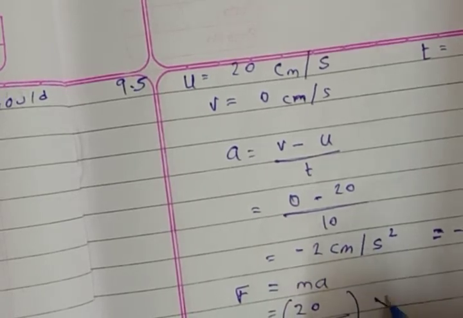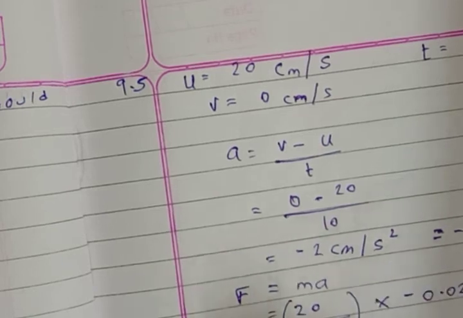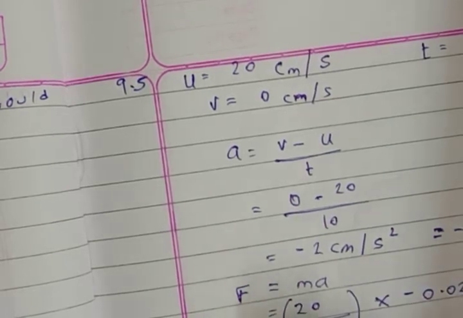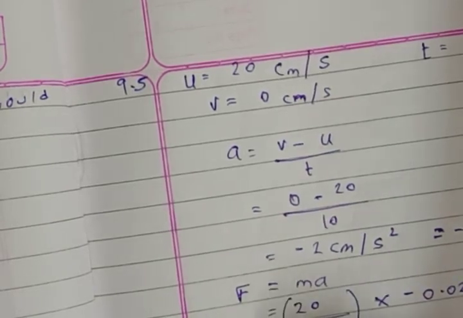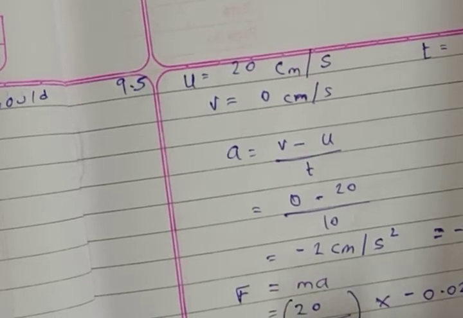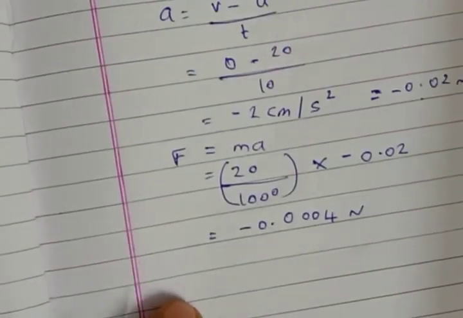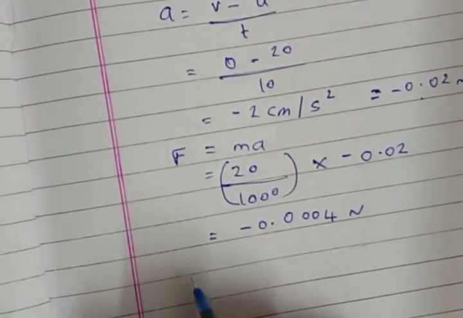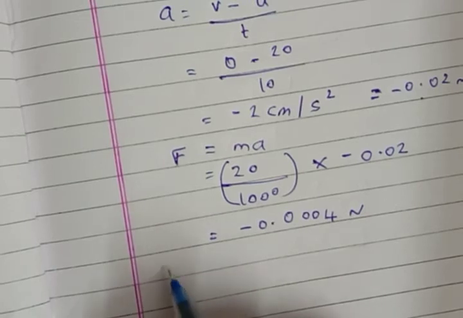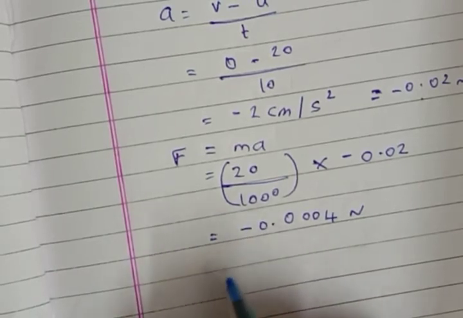This will be in kg, and acceleration is this much, minus 0.02, right? Now when we solve this, we will get minus 0.0004 Newton. Why minus? Because the negative sign indicates that the force of friction is acting on the ball, right?